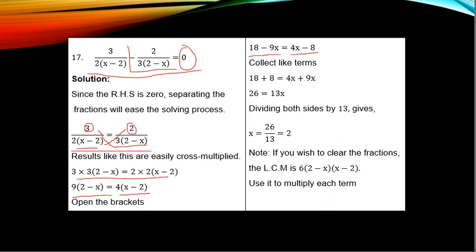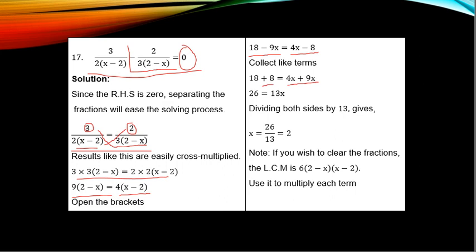Next thing, you collect like terms. This 9s that is negative, you move to meet 4s, then it changes to positive. You move minus 8 to meet 18, it also changes to positive since the sign attached to it is negative.